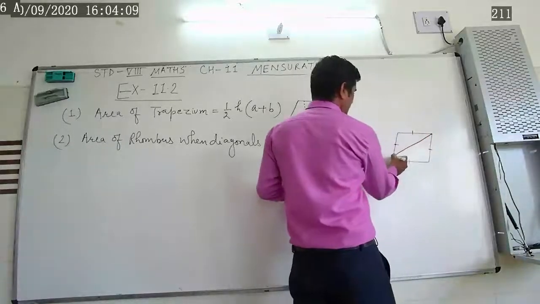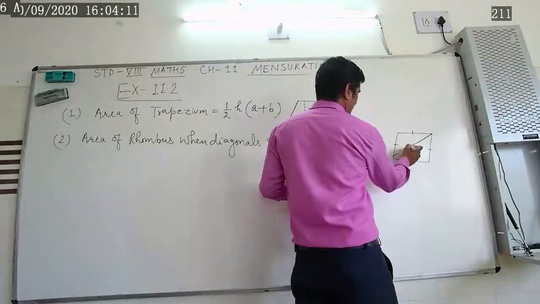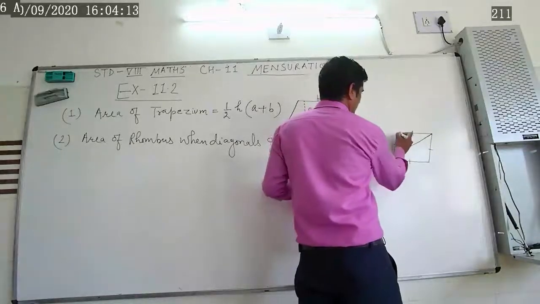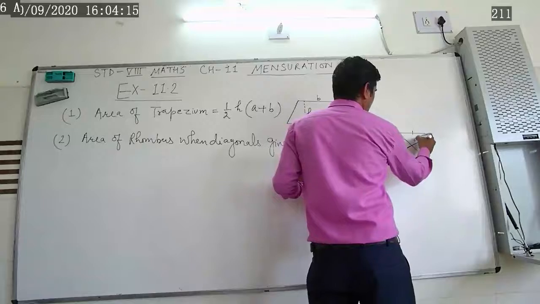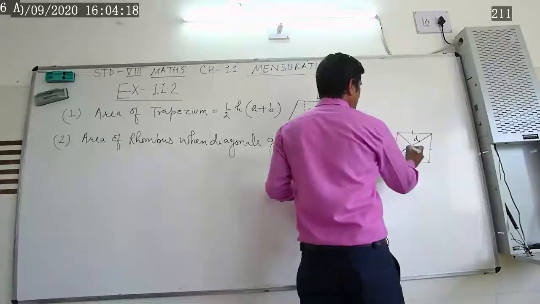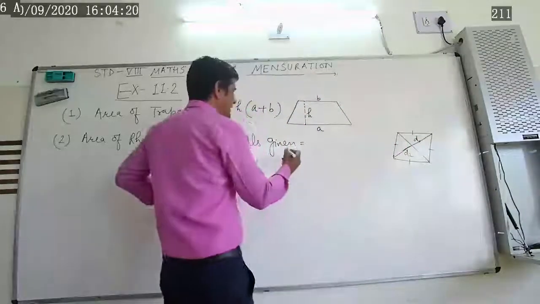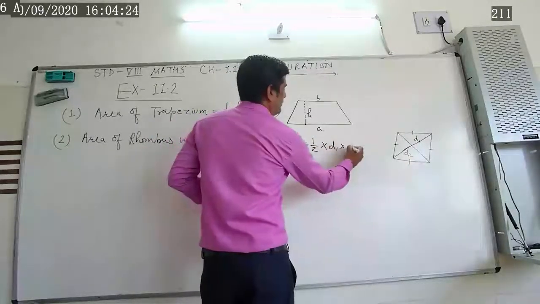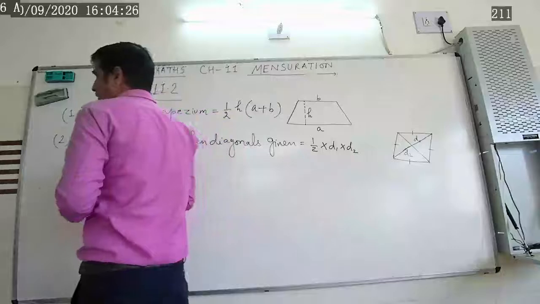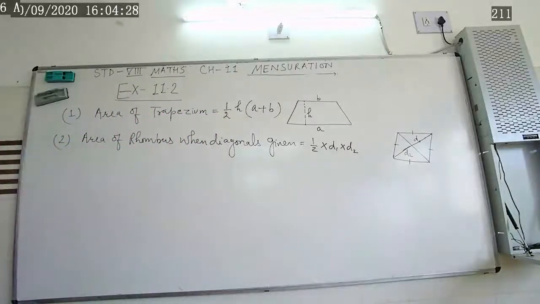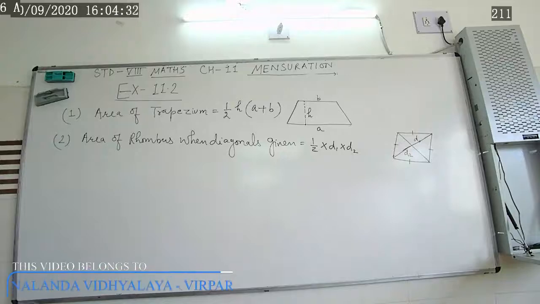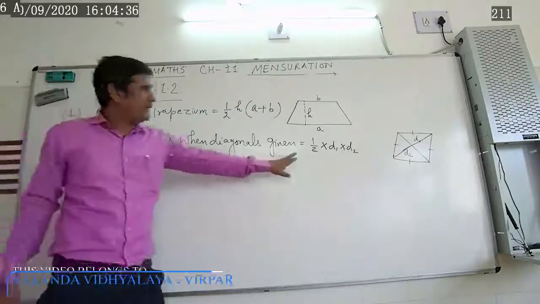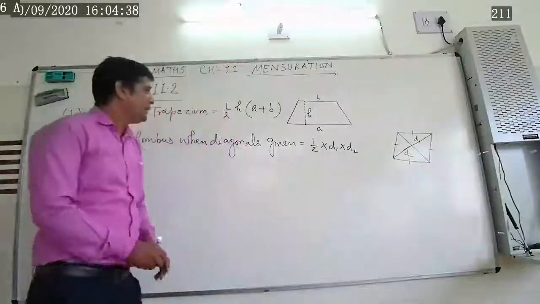All sides are equal. This is diagonal number 1 and this is diagonal number 2. So area is nothing but 1 by 2 into the product of the diagonals, that is 1 by 2 into D1 into D2.